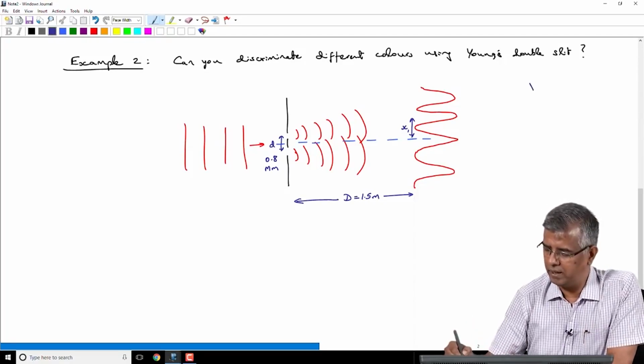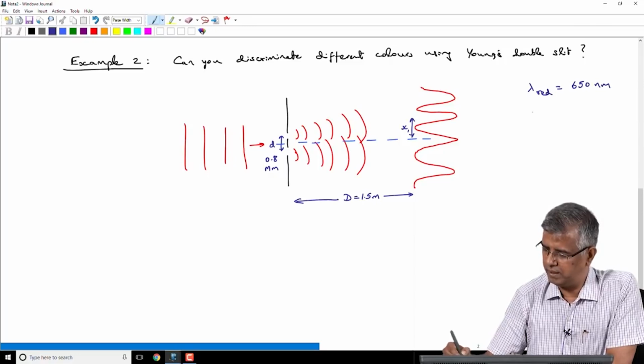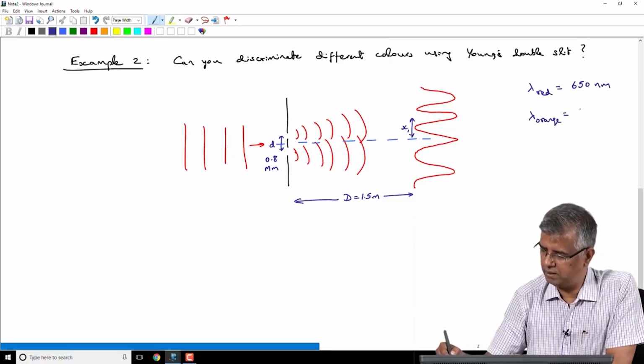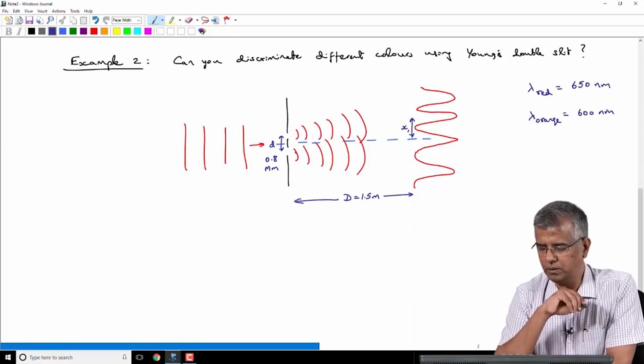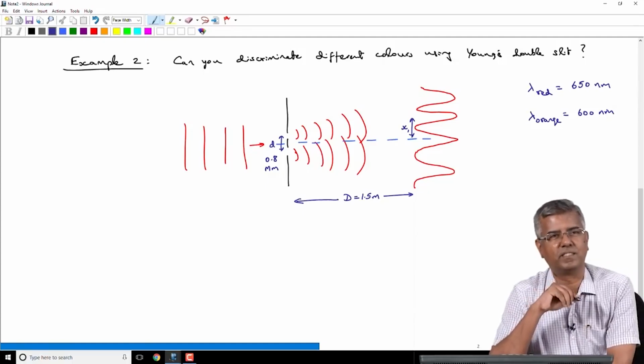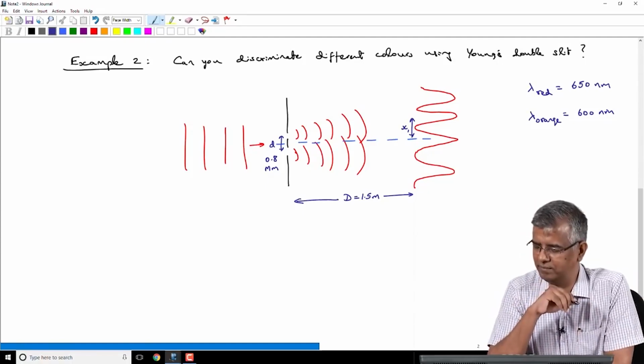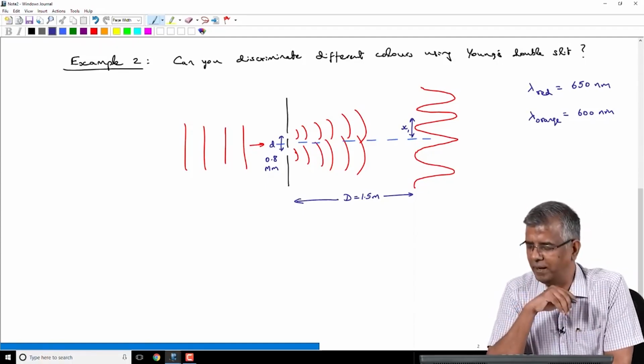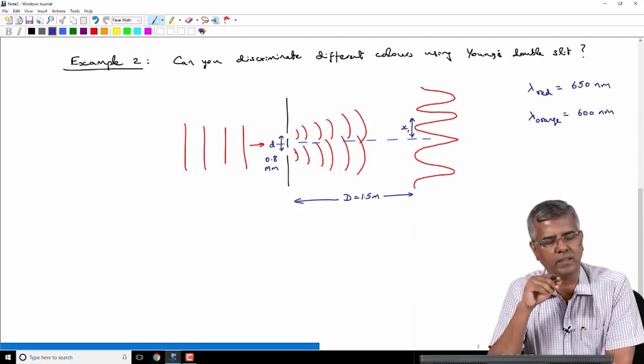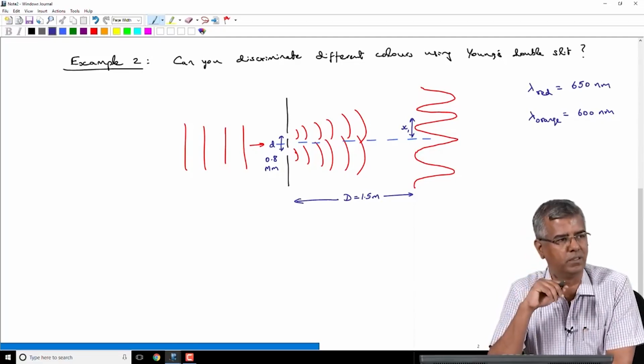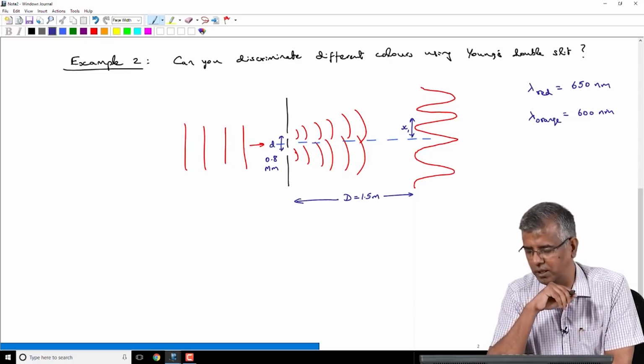So, let us say lambda of red is 650 nanometers, and lambda, the wavelength corresponding to orange, is let us say 600 nanometers. Okay. Well, it turned out to be yellow, but does not matter. Okay. Let us see if we can separate out these two colors.